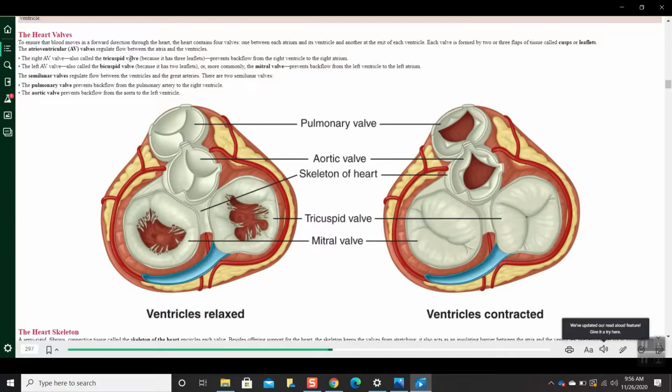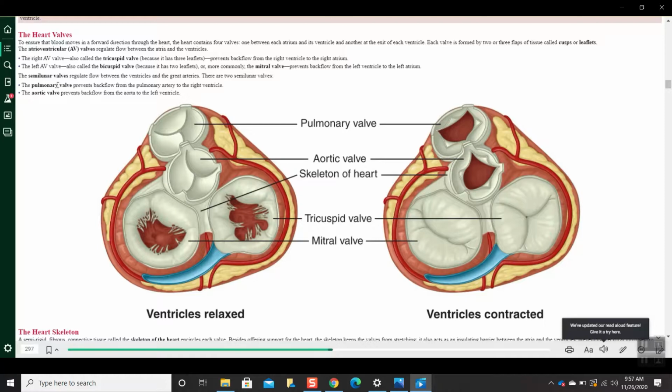So tricuspid is between the right side of the heart, and bicuspid is between the left side of the heart. So these are between the four chambers. The right AV valve connects the right atrium and right ventricle. The left AV valve connects the left atrium and the left ventricle.